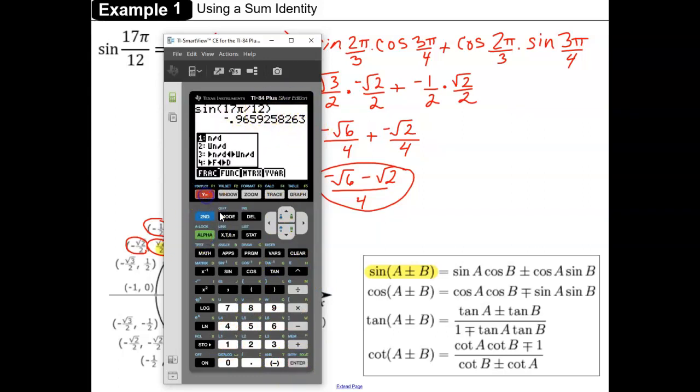Then we can compare that to the answer that we got, which was negative square root of 6 minus the square root of 2, all divided by 4. And notice that the decimals are equivalent. So that allows us to check our answer. The graphing calculator can't give us the exact value, which is why we need the identity, but it is really nice to be able to check and know that what you did was correct.